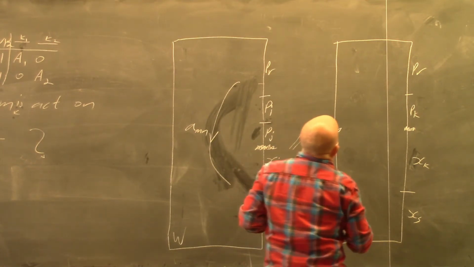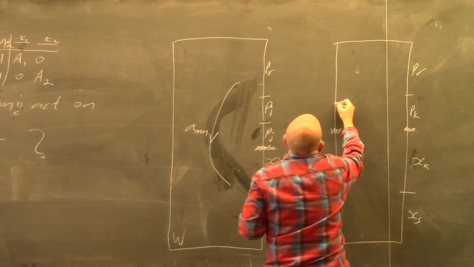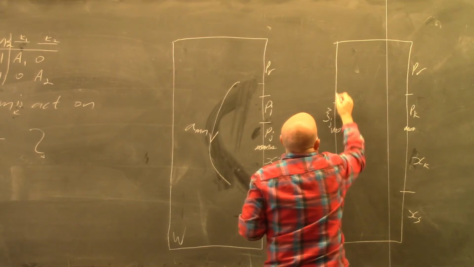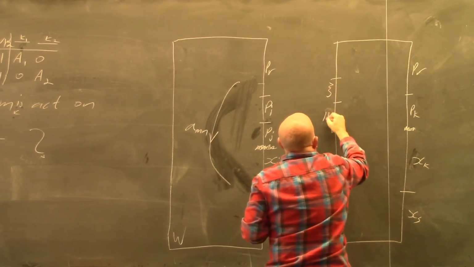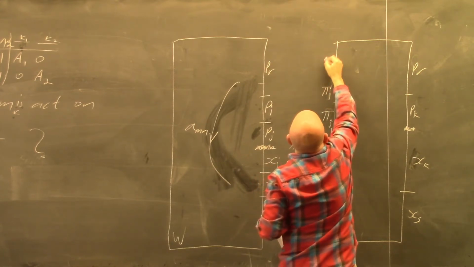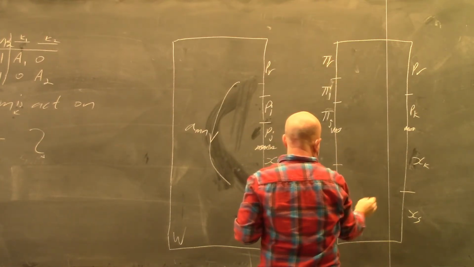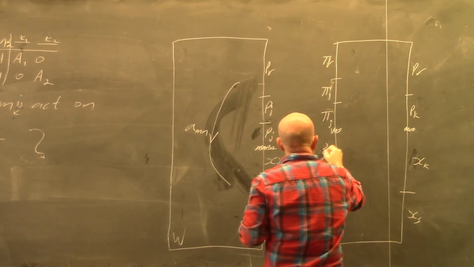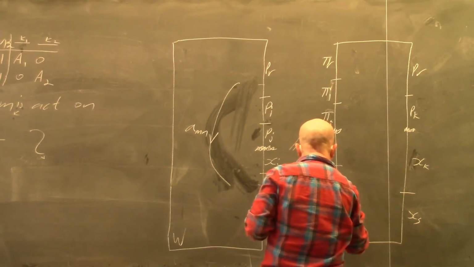And for the inputs, I have psi j, pi j, pi I, and all the other pi's. And for the inputs here, I have psi I, psi j, and all the other psi's.